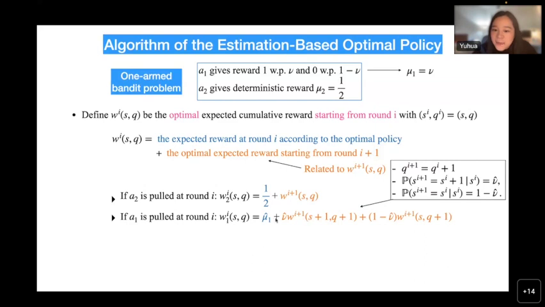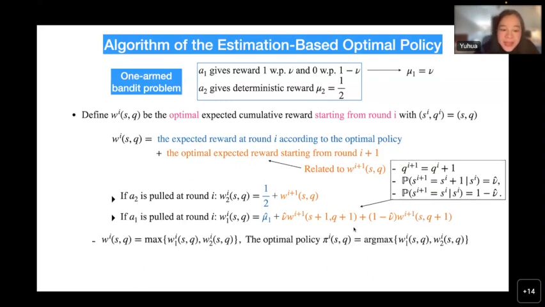After we pull this arm, we have probability nu hat to get reward 1, which means at the next round the cumulative reward S becomes S plus 1. And this term means that we have 1 minus nu hat probability to get reward 0 at this round, which means at the next round the cumulative reward S stays the same.